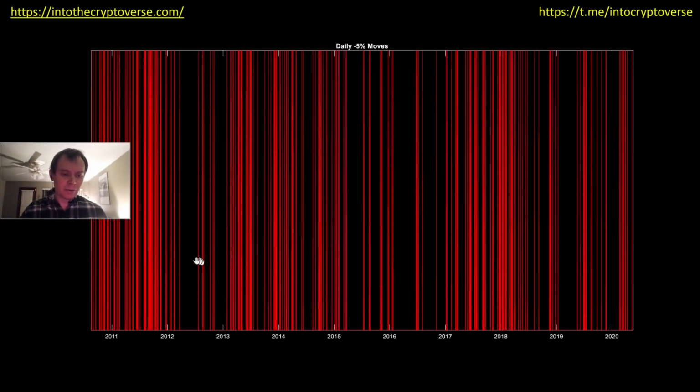In 2012, there was a noticeable gap between negative 5% moves, and then again in later 2012 and early 2013. 2013 was a bull market up to the peak, and even in that bull market we saw negative 5% moves, and in the bear market, we saw negative 5% moves on the daily time frame. The bear market being mostly the year of 2014.